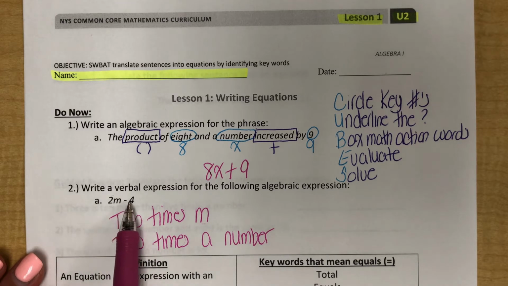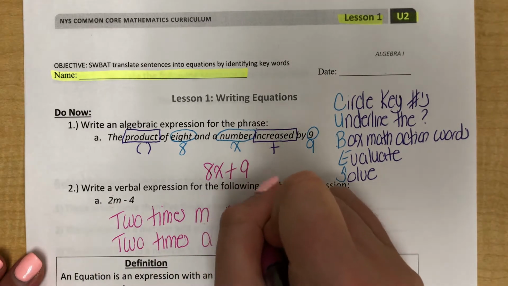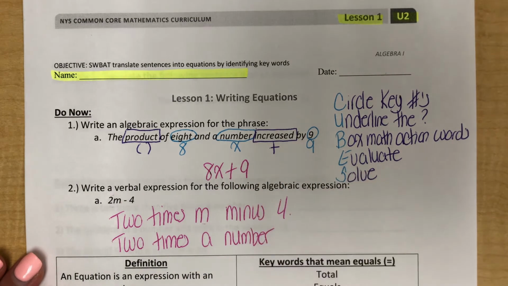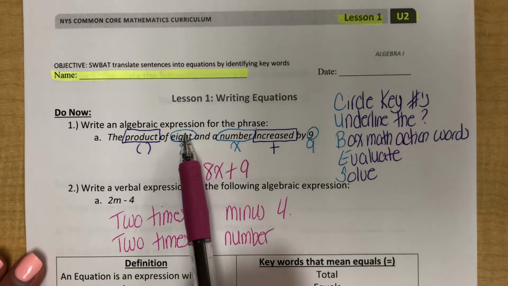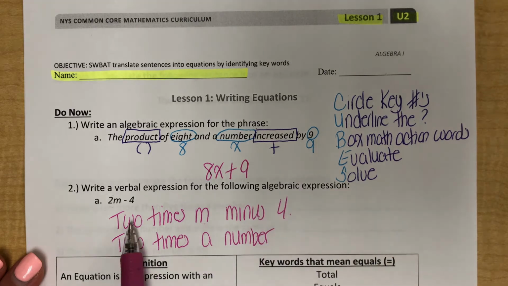And then if I'm subtracting 4, I know that a key word that represents subtraction is maybe like minus. So I could say 2 times M minus 4. Because up top, some of the numbers were in a word form and some of them were in number form. So I'm going to let 2 be in a word form and I'm going to let 4 be a number. That's just one way I could represent subtraction.